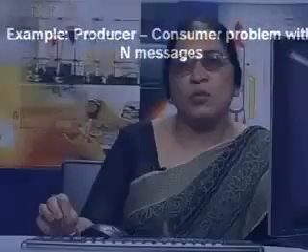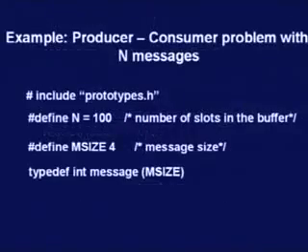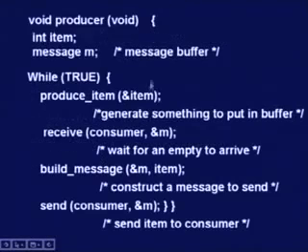So next time we shall see the producer consumer problem and see a solution with message passing. Now we look at the solution to the producer consumer problem using message passing. Here we see the same buffer, N equal to 100, that means the number of slots in the buffer. We have the message size and we have the producer.